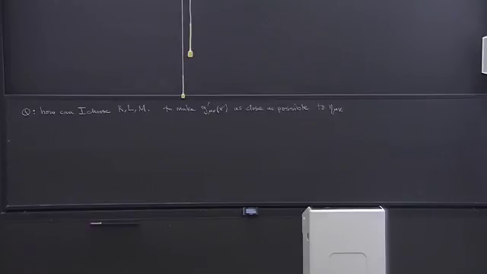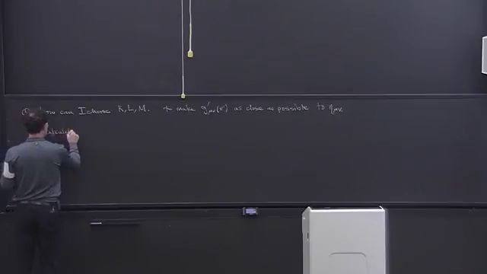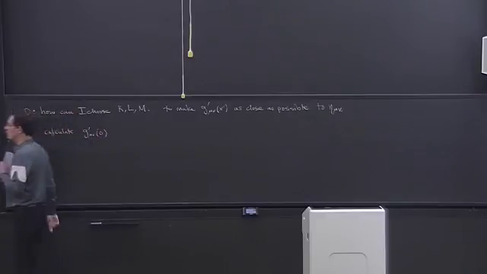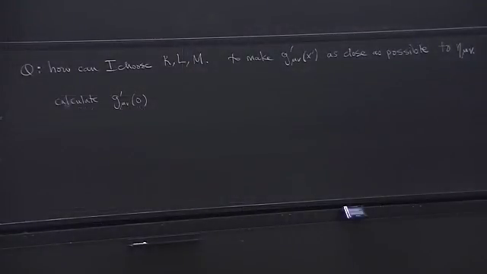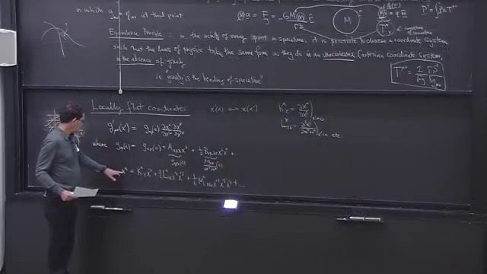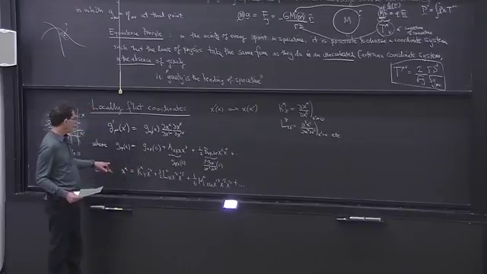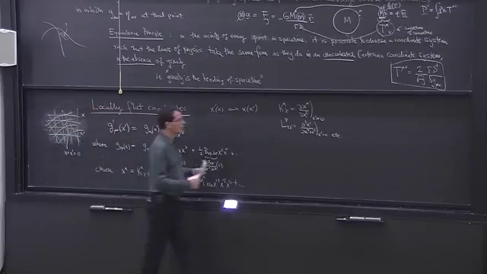So the answer is very easy. We just calculate g mu nu. We'll begin by doing that. Let's calculate g prime mu nu at the point x prime equals 0. So g prime mu nu at x prime equals 0 is obviously given by g at x equals 0, which is this expression.